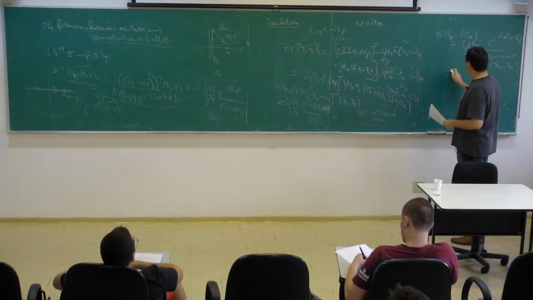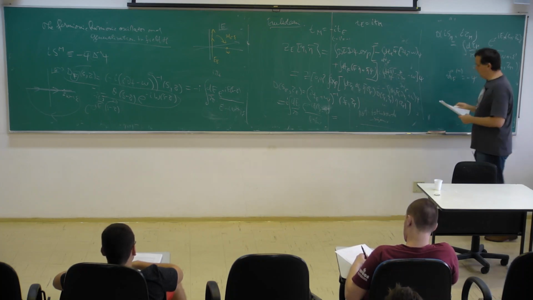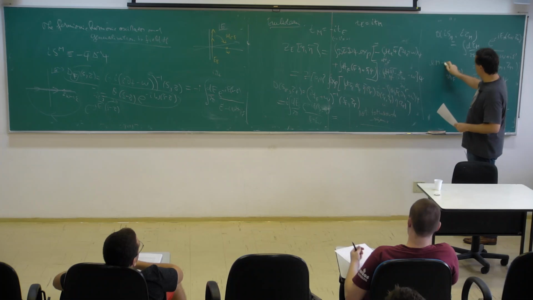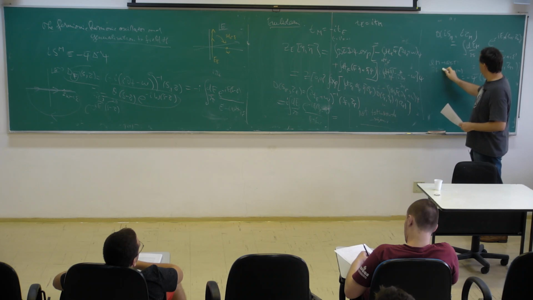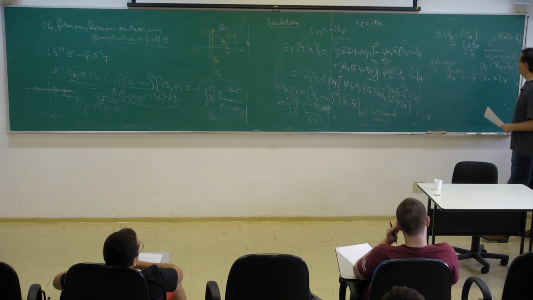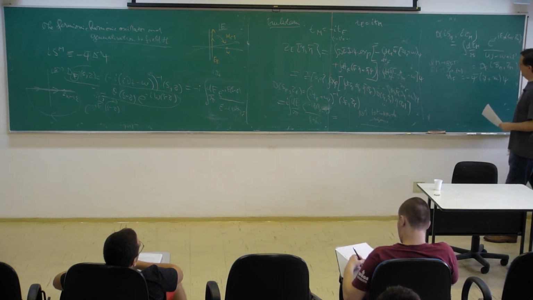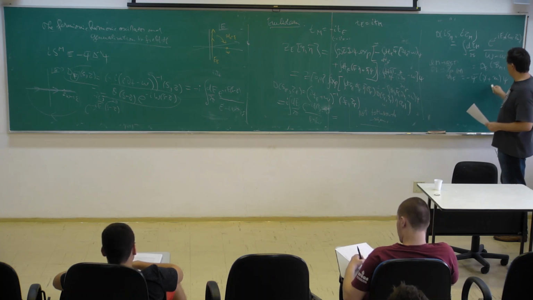And now finally, as we saw, the Lagrangian in Minkowski was minus psi bar (d slash plus m) psi. So if I go from quantum mechanics to quantum field theory, then dt, or i dt I should say, becomes d slash. So the fermionic Lagrangian in Minkowski is this one.